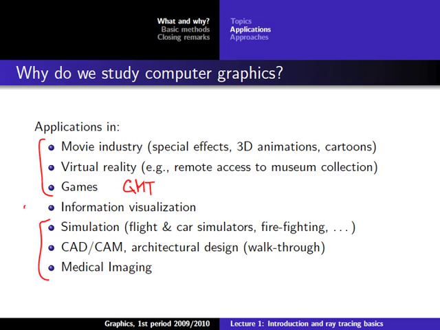Now, information visualization, I also put here in applications, but you can also consider this more of a separate field. In this context, it's important to know that for computer graphics, we're basically dealing with the computational aspects of creating the image. We're not dealing with things such as aesthetics and image composition.